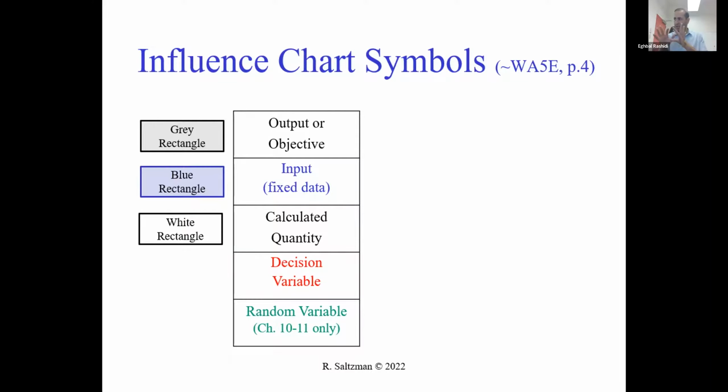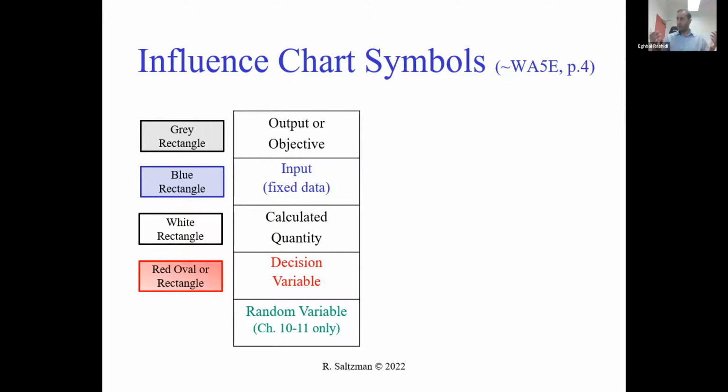We don't really care about this main part, and we don't want to emphasize it, especially when you want to convey the message or communicate the result. So that's why we don't assign any emphasizing color or shape. We're going to go with a blank or white rectangle for the calculated quantities.